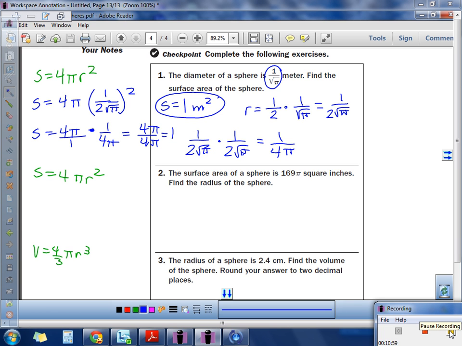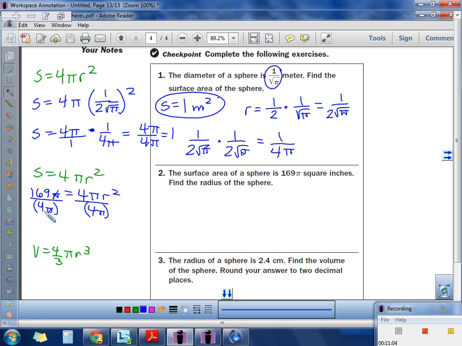On number 2, it says the surface area is 169 pi, so I'm going to plug that in. 169 pi. And then I'm going to bring down the other parts. Once again, we're solving for r. To get r alone, what do we get rid of? 4 pi. We divide by 4 pi on each side, inside parentheses, if you want to get it right. So the pi's are going to cancel.